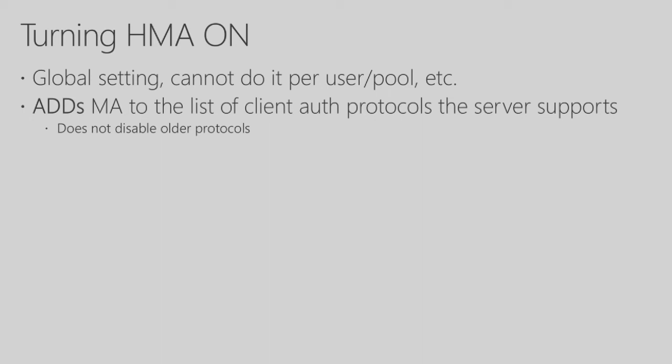When you turn that on, what you're actually doing is adding OAuth, modern authentication, to the list of protocols that the server can support, all right? It does not disable older protocols, because some people get confused by that. What that means is that if you have a client that is not ADAL aware, because all the modern clients are but older clients don't have ADAL, they will still be able to get in.